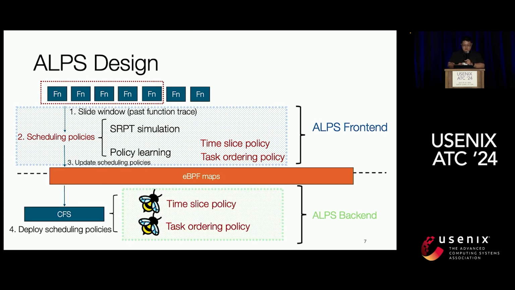Then we deploy these scheduling policies. We define several hooks in the critical path of the Linux kernel, and our learned scheduler modifies the original behavior of CFS in the kernel. For feedback, the ALPS back end profiles the actual CPU time and sends it to the front end to help improve the learning performance.